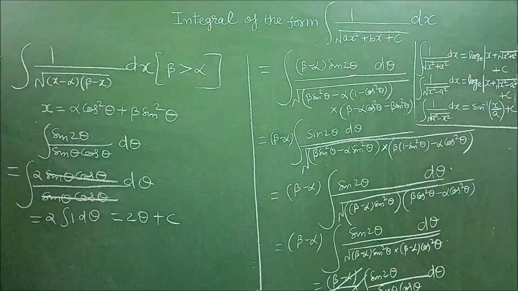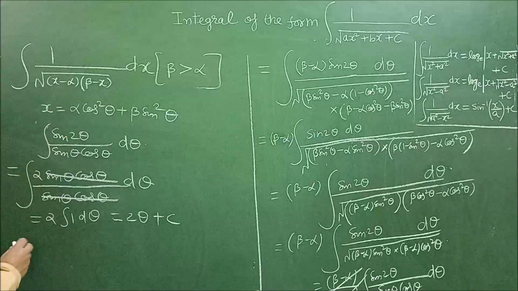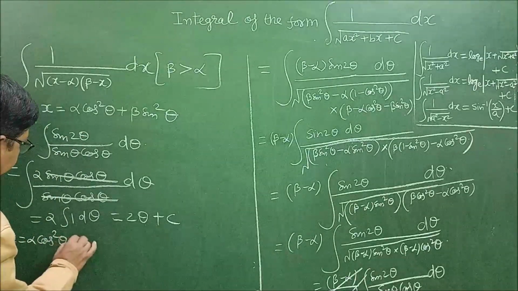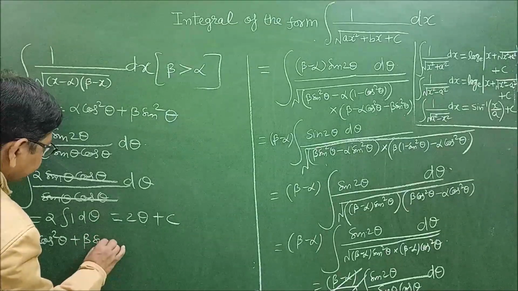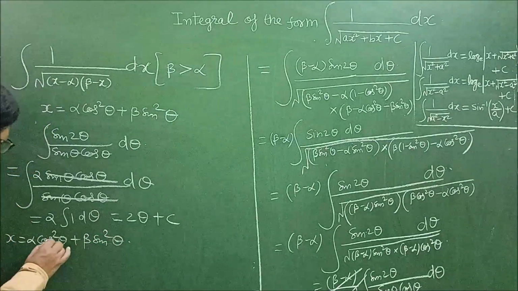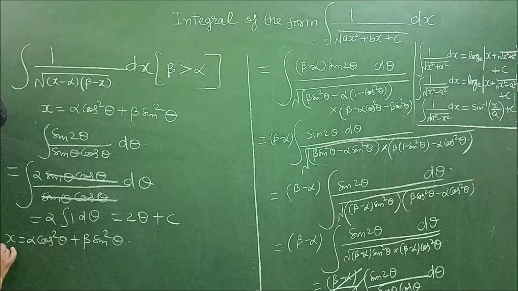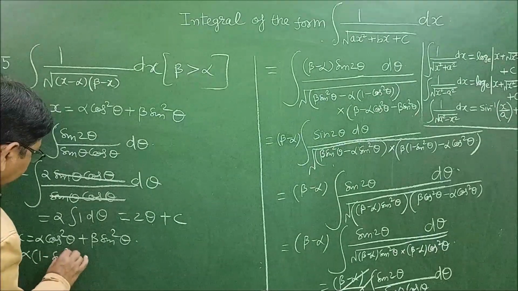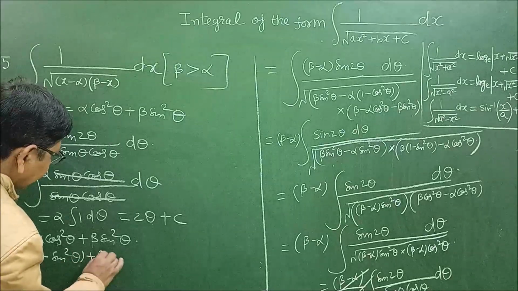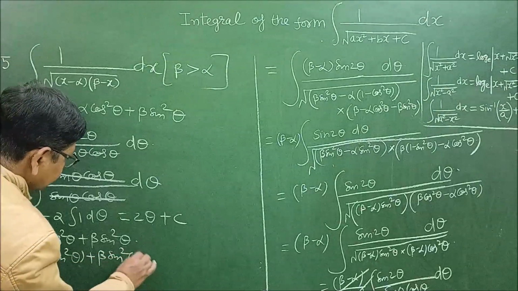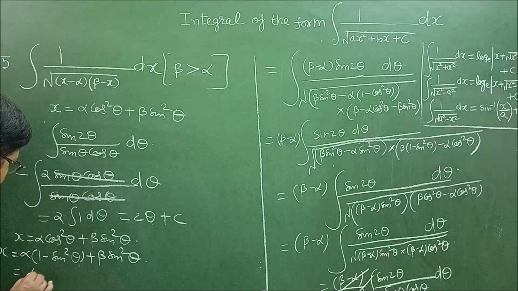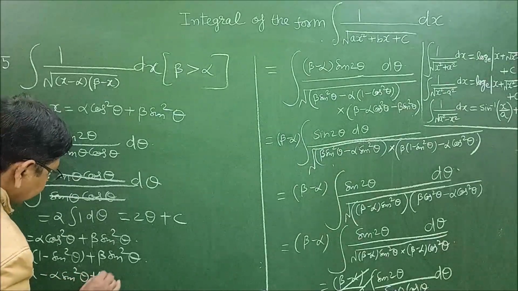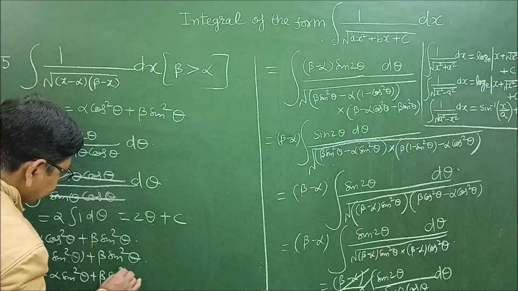Now how to get the value of theta? x is equal to alpha cos squared theta plus beta sin squared theta. Now cos squared theta can be written as 1 minus sin squared theta, so alpha into (1 minus sin squared theta) plus beta sin squared theta. So this is equal to alpha minus alpha sin squared theta plus beta sin squared theta.